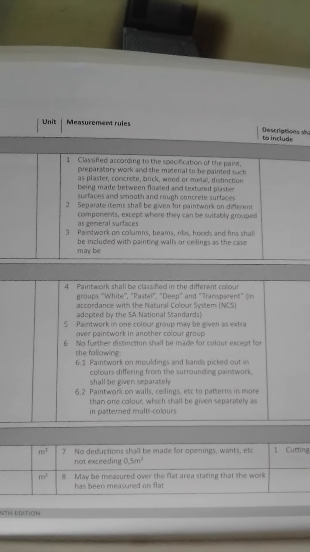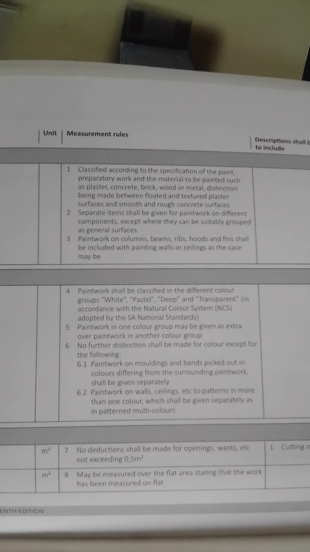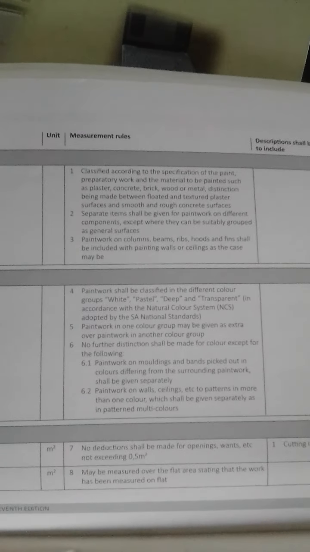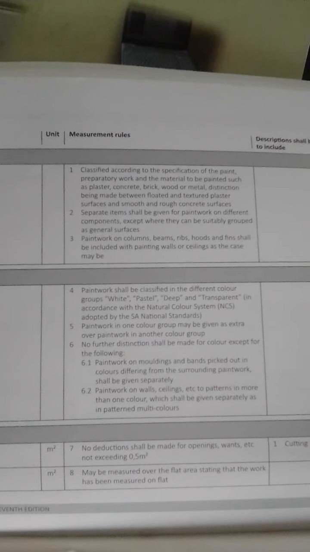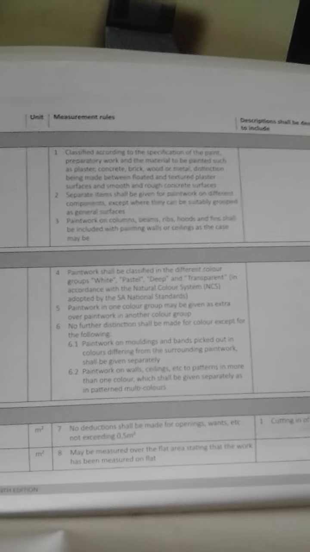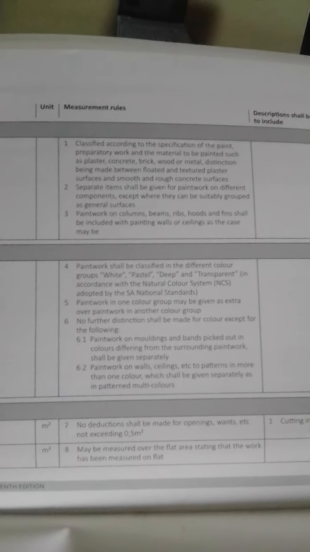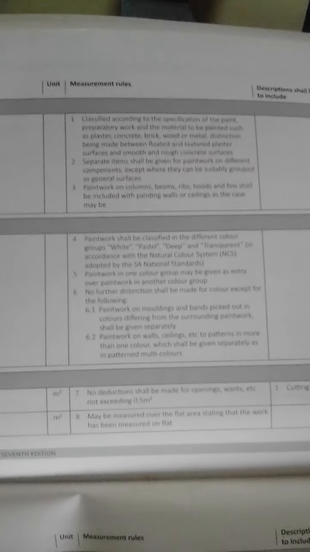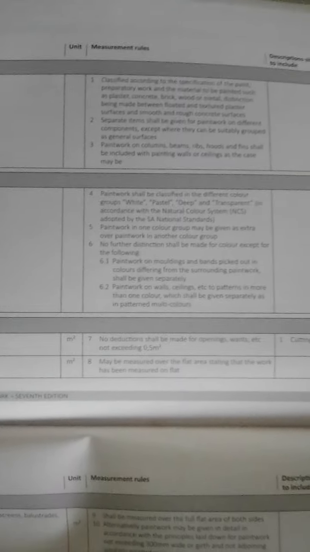It says: classification according to specifications of the paint, preparatory work, materials to be painted such as plaster, concrete, brick, wood, etc. You need that information because of something we call trade preambles that we insert in your bill of quantities. But that's not what I'm trying to show you guys.